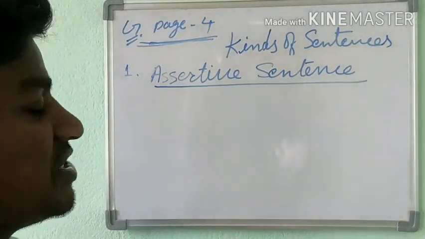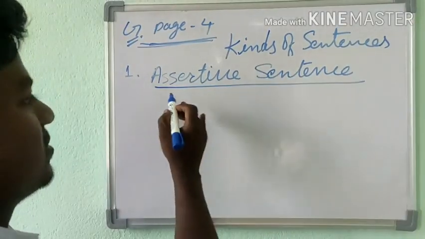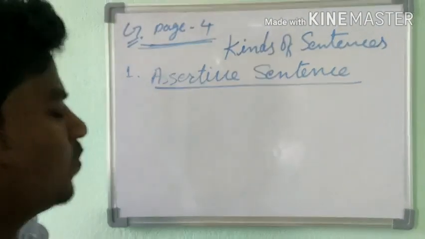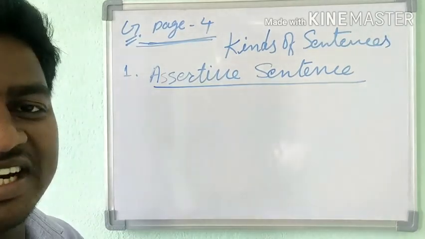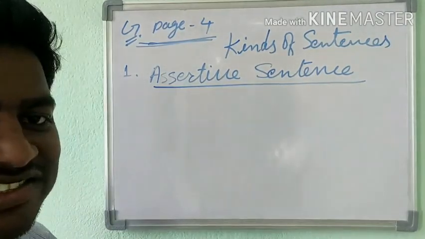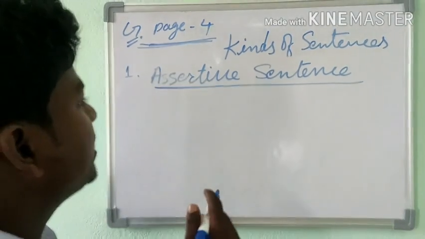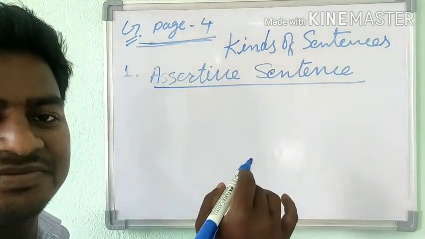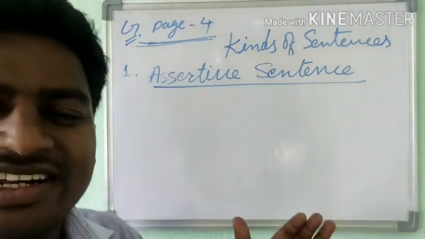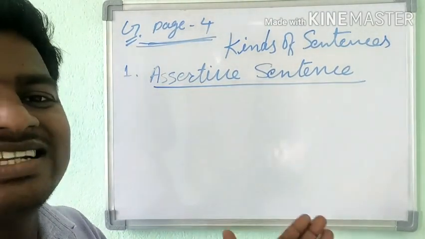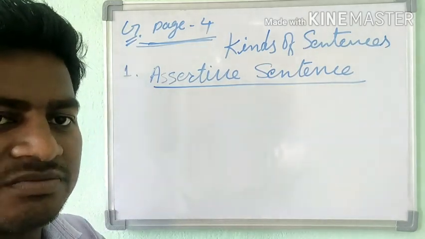Okay. Now as I said, the first one is assertive sentence. Which kind of sentences are called assertive sentences? In a simple way to understand, assertive sentences are the ordinary statements, ordinary language, ordinary sentences that we make.